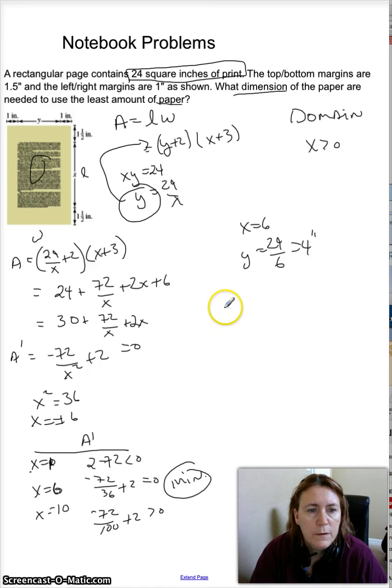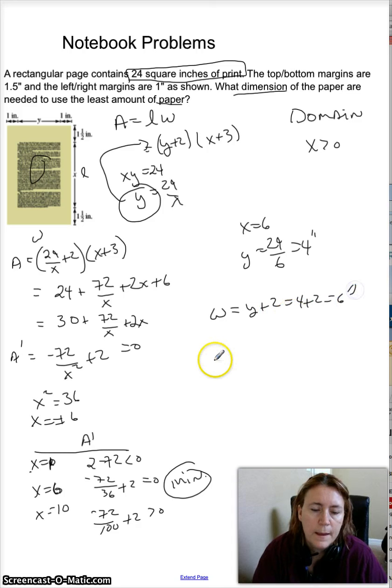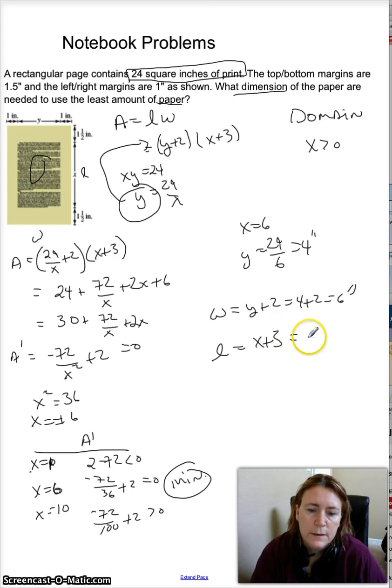So the paper has a width dimension of y plus 2, so it's 4 plus 2, or 6 inches. And a length of x plus 3, and that's x is 6 plus 3, or 9. So the dimensions are 9 by 6.